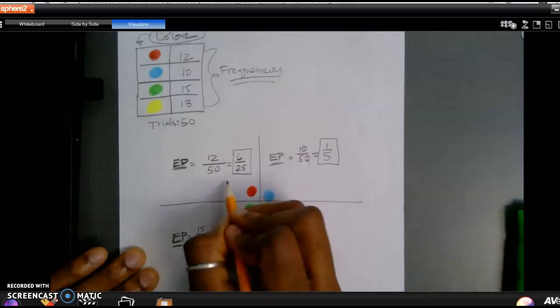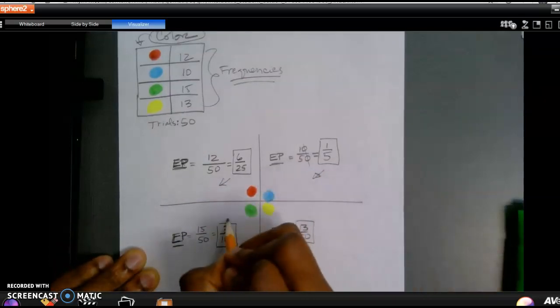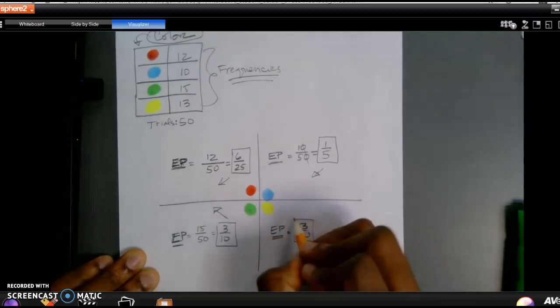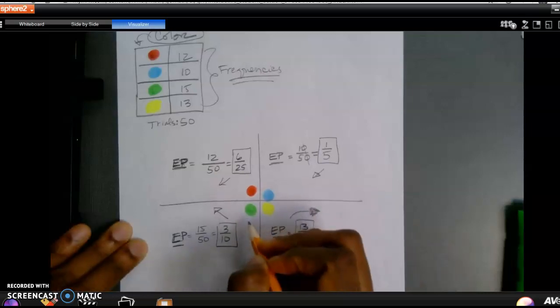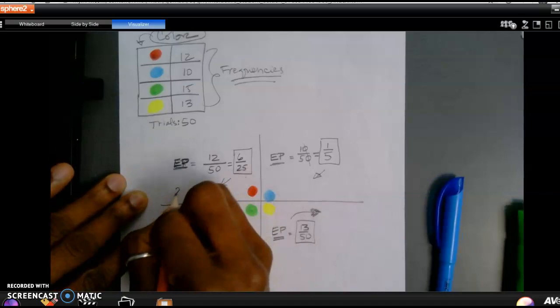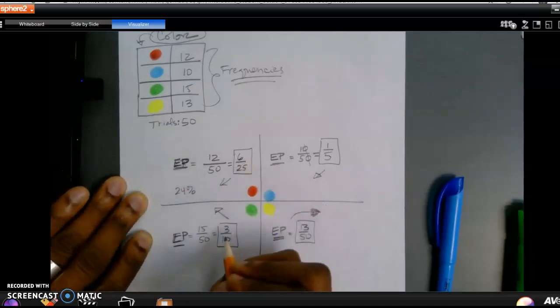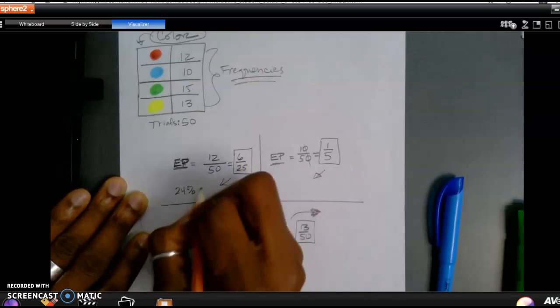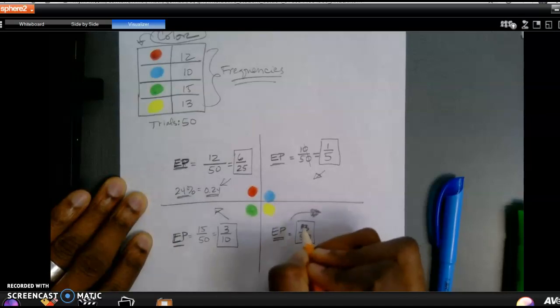Now, I can equate these just as a little refresher to certain percentages and a decimal form, okay? This is just an addition that the kids will need. Okay, so in terms of a percentage, it's going to be 24%. Once I divide 6 divided by 25, it's going to equate to 0.24 in decimal form.